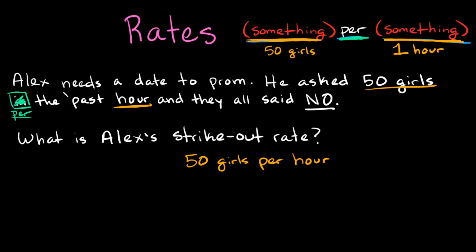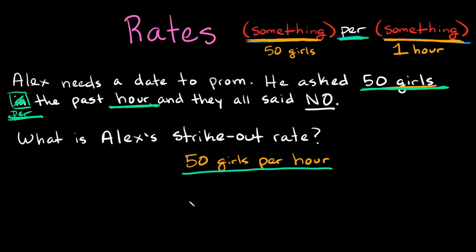And then reread your problem. So Alex needs a date to prom. He asked 50 girls per the past hour. Okay, so this is another way I can get the answer, right? Because this is also telling me the rate. 50 girls per hour. Okay, so you would come to the same answer right here, 50 girls per hour.